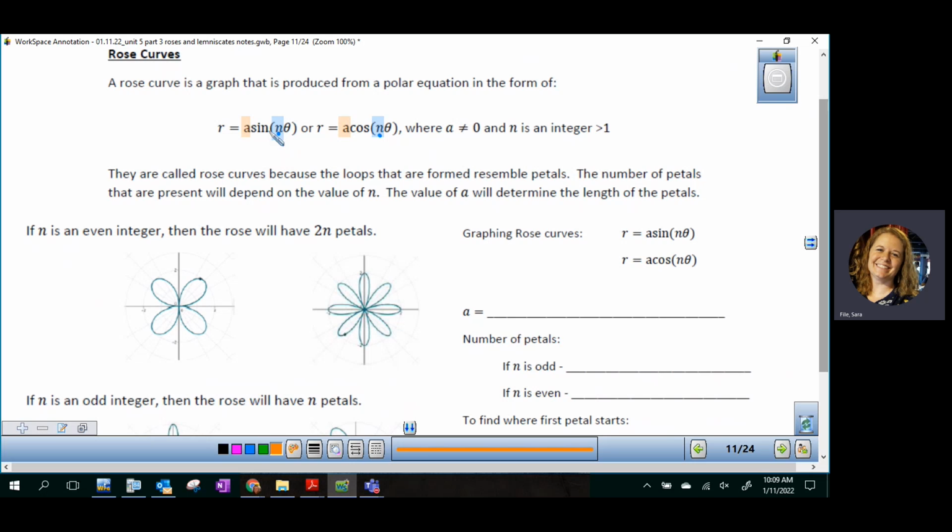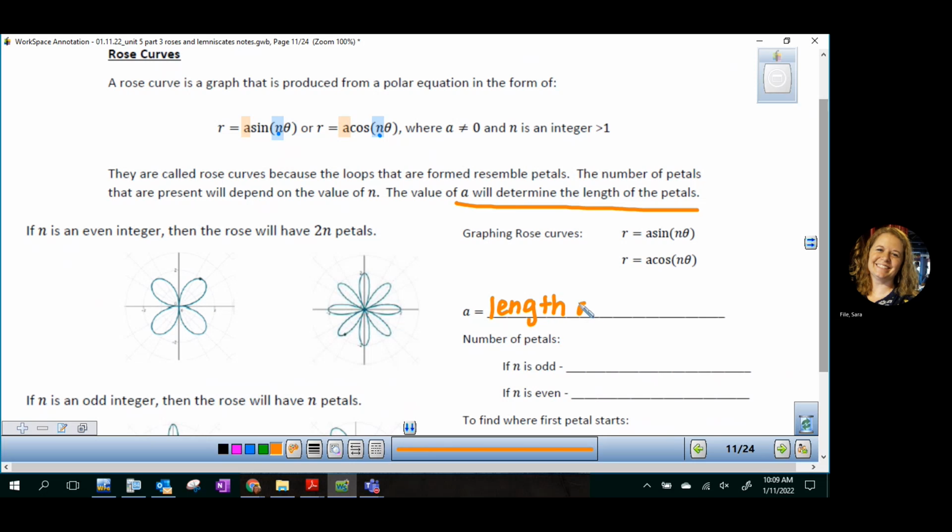The a value is going to help us determine the length of the petals. It's called a rose curve because it has these curves that look like petals on a flower. How long each of those petals are is determined by a. So that is the length of the petal. That's a.